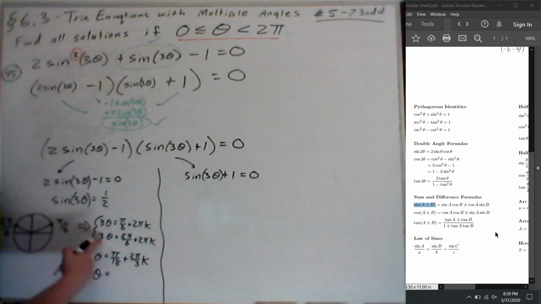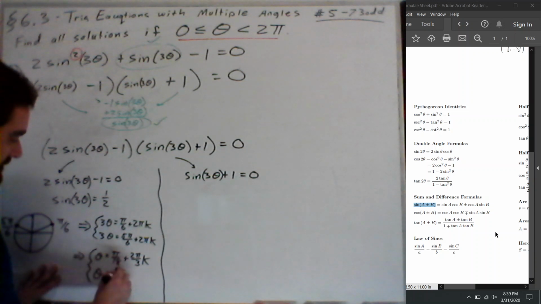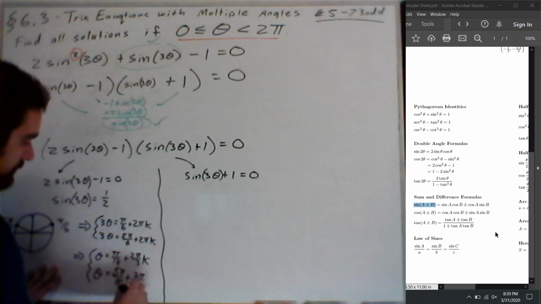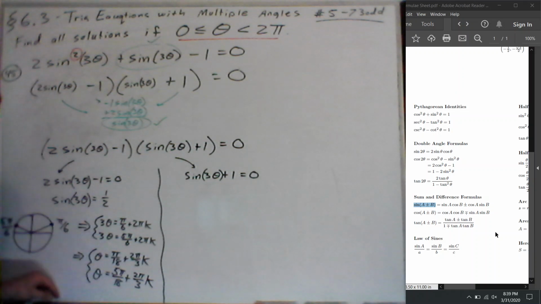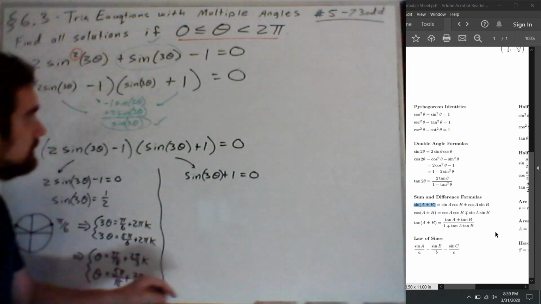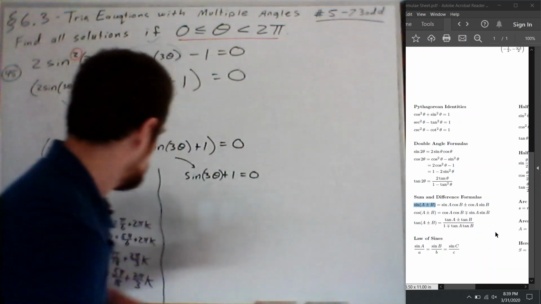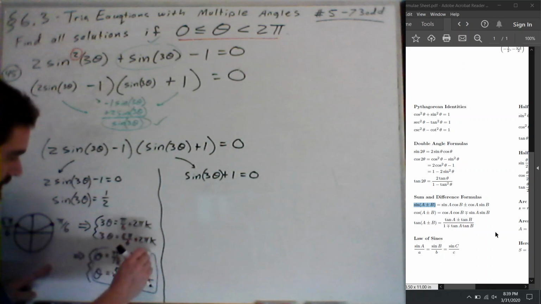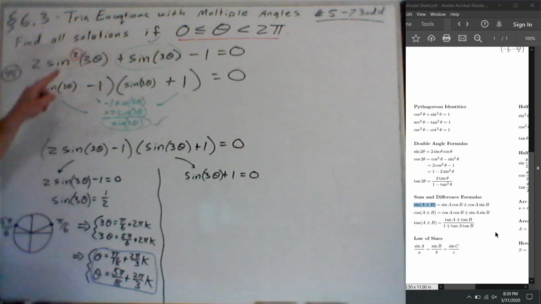Or I'll get theta equals, again dividing by 3, 5 pi over 18 plus 2 pi over 3 times k. So I'm dividing out by this multiple of 3 on both sides. So these are the general forms. I'm just going to put a square around them. This is not the final answer because, again, we need to do the solutions between 0 and 2 pi.